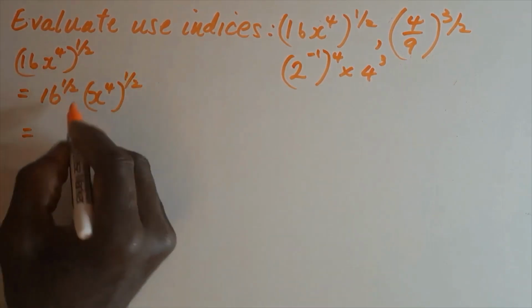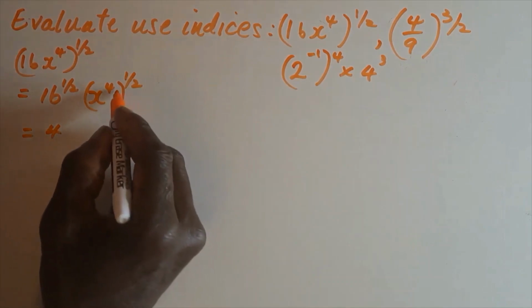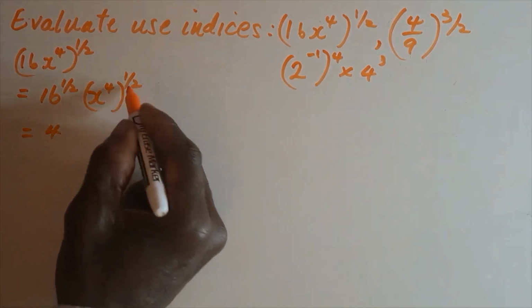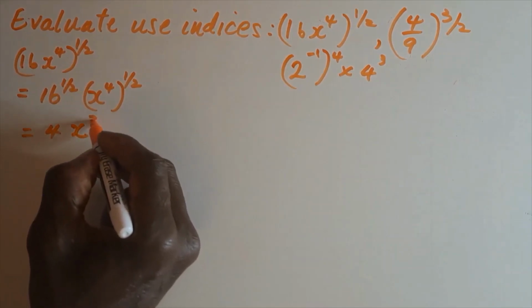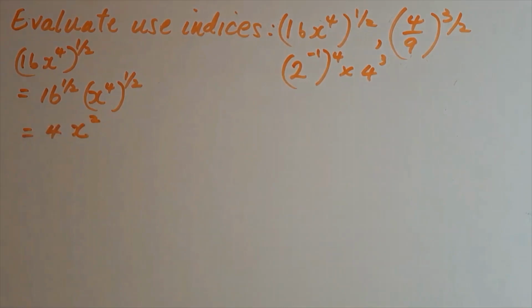Take the square root of 16, it's 4. And if we clear the brackets here by multiplying indices, we'll have x squared. So this evaluates to 4x squared.